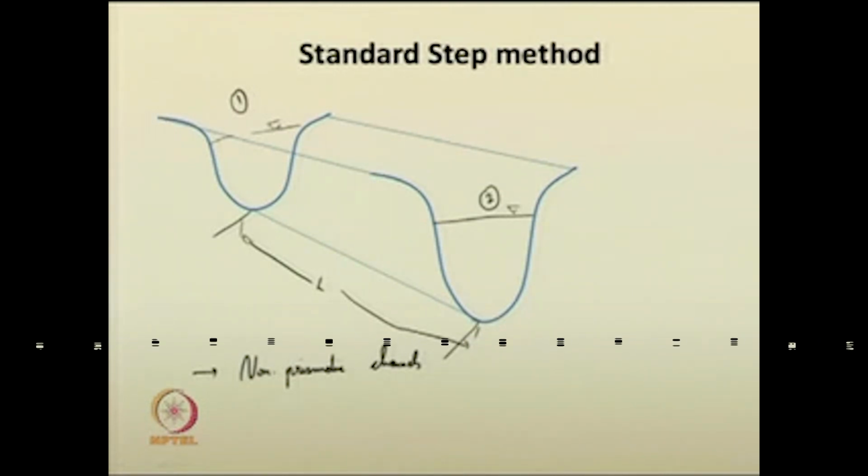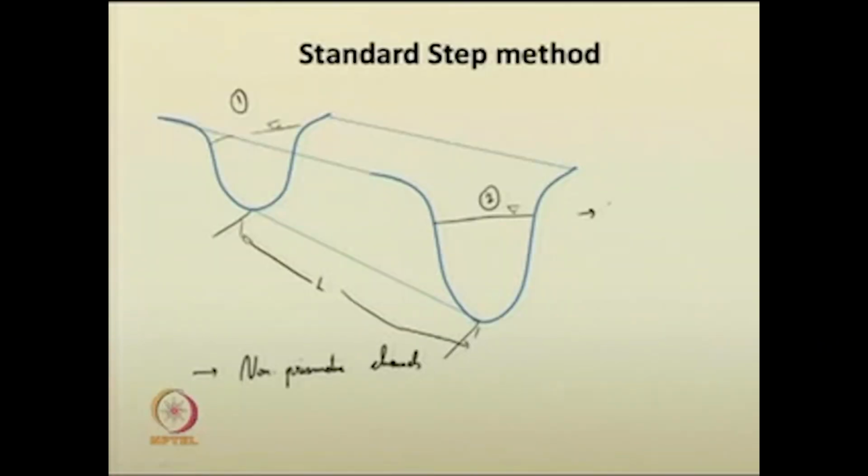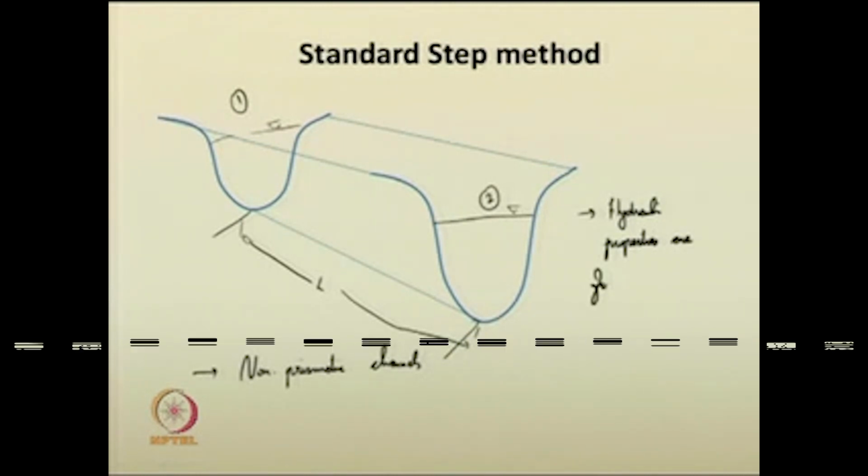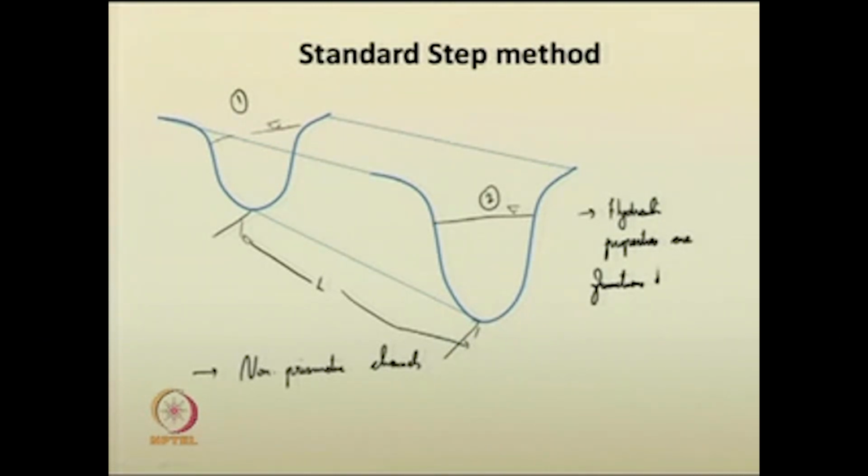Similarly, here also the flow properties are functions of x, especially if you evaluate the energy slope or the friction slope. So, in a non-prismatic channel, the hydraulic properties are functions of both x and y.